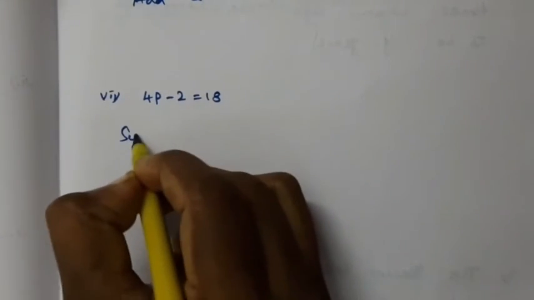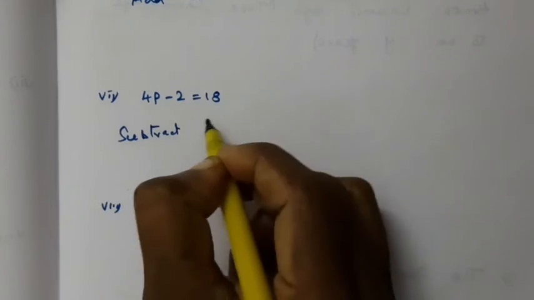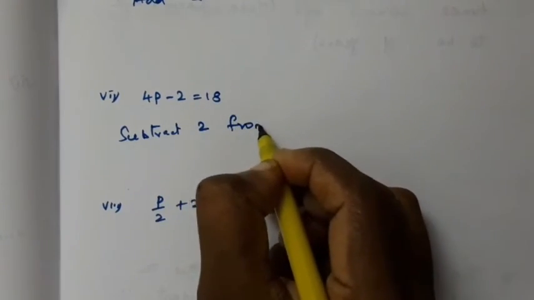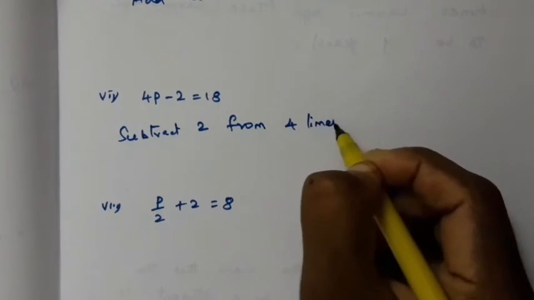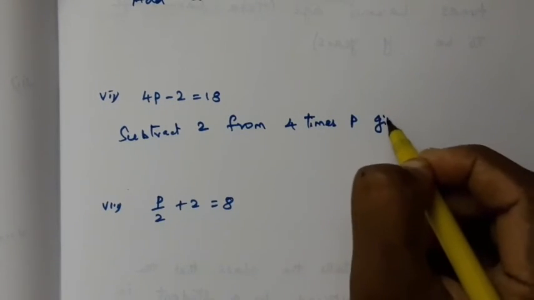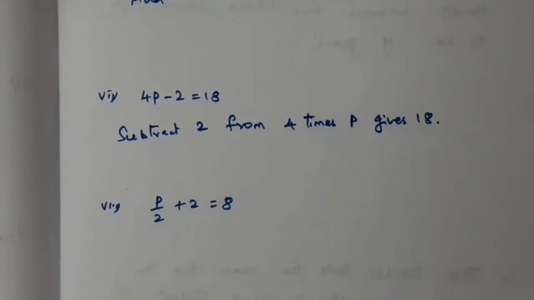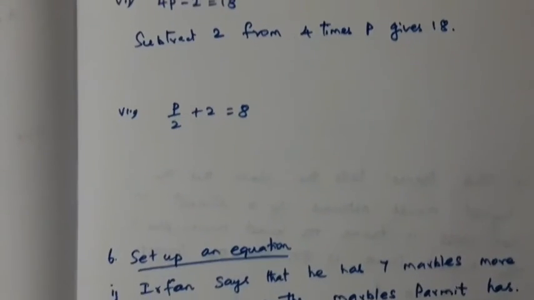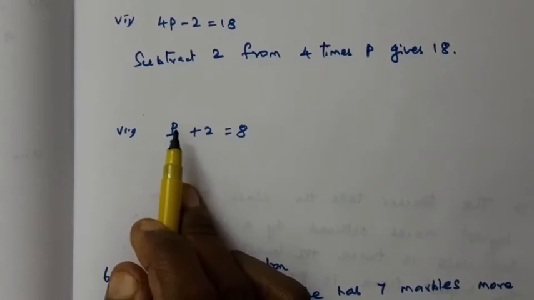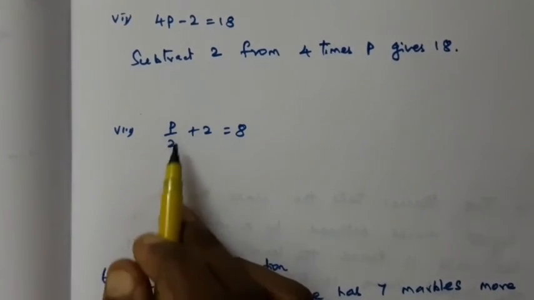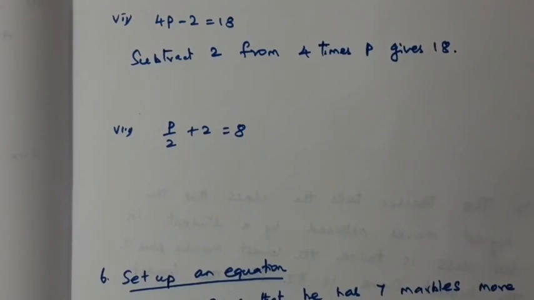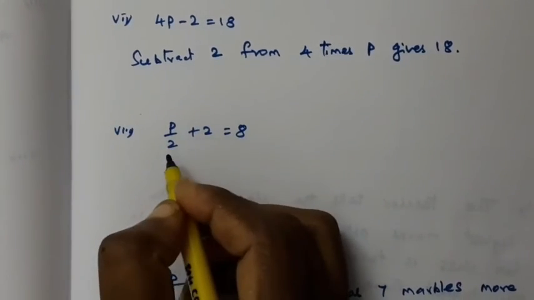Now we are going to subtract. So subtract 2 from 4p. What is 4p? 4 times p gives 18. The next is p by 2 plus 2 equal to 8. p by 2 can be written as 1/2 of p.